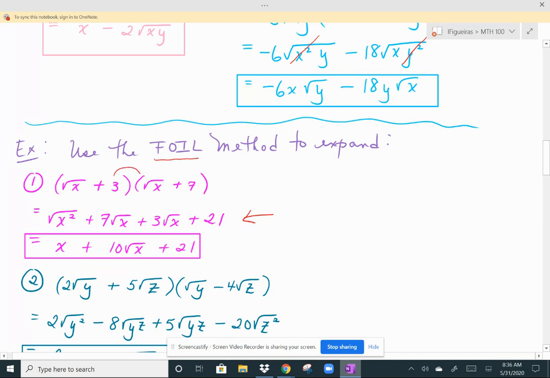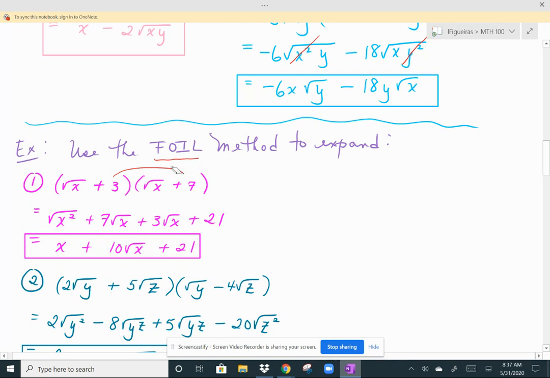And then last, those are the ones at the end of each binomial, that's the 7 and the 3, so we get 21. So the middle terms, the outer and the inner, combine because they are like terms. Remember, you can add radicals as long as the radical is exactly the same, so you just add the coefficients, and we also simplified square root of x squared. So your final answer is x plus 10 root x plus 21.